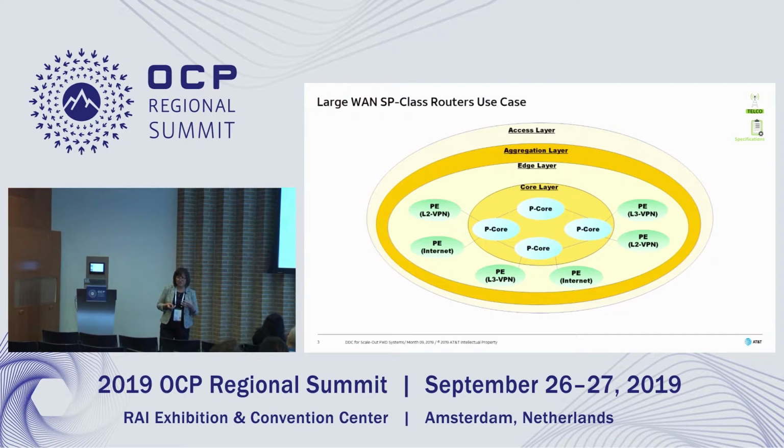For a service provider like AT&T, we need to deploy a large router at the core layer, where we call it the provider router, P-core, at the center of the core. And then we have the edge layer where you deploy a lot of provider edge routers for the different functions and services that we support, VPN, internet, etc. And then on the outer layer, the aggregation and the access layer.